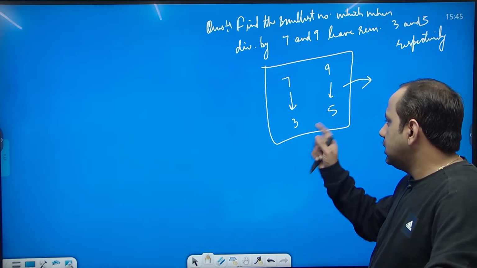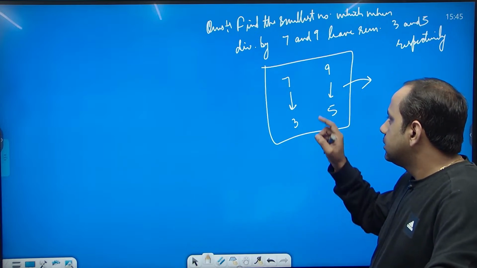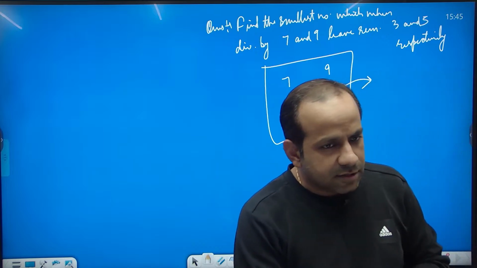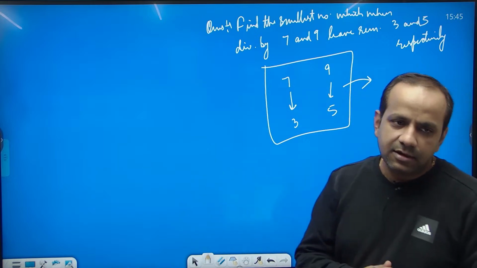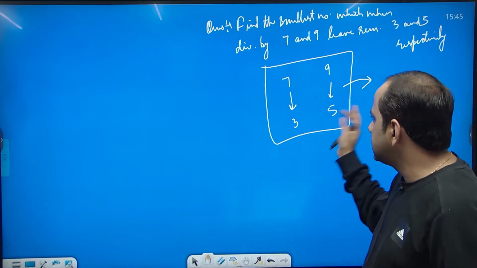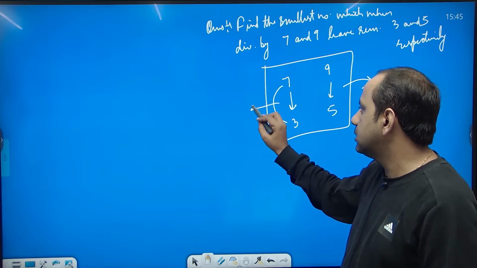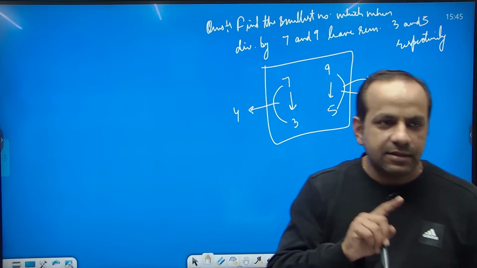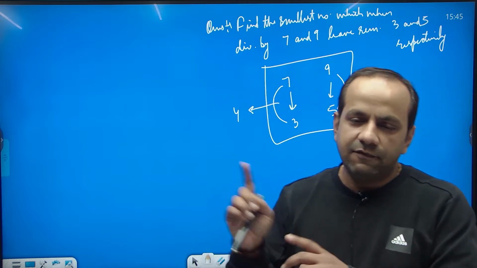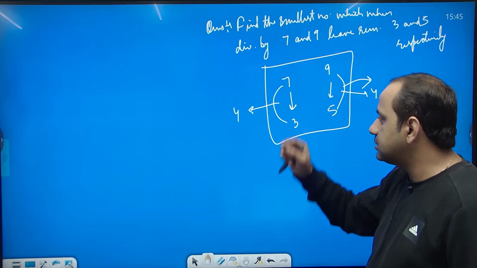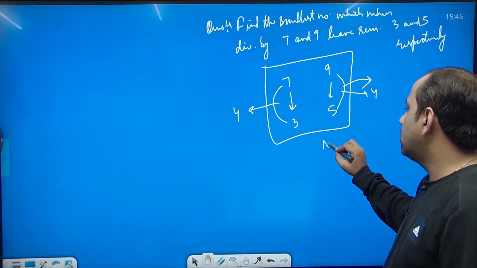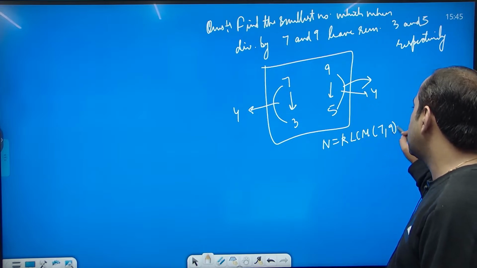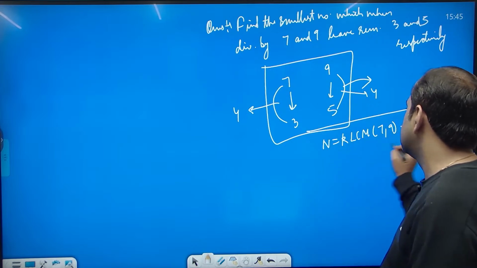ठीक है, तो ये क्वेश्चन देखो, इसमें क्या है. In the last question what we have done, there was the same remainder in both the cases, but in this case remainders are different. But if you observe carefully, remainders are different, but their differences are the same. कितना है यहाँ पे? So whenever you get these type of questions, that means if remainders are different but their differences are the same, the number will always be of the form k into LCM of 7 and 9 minus that particular difference.